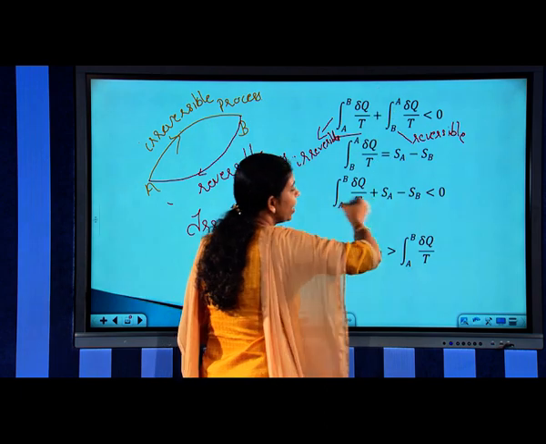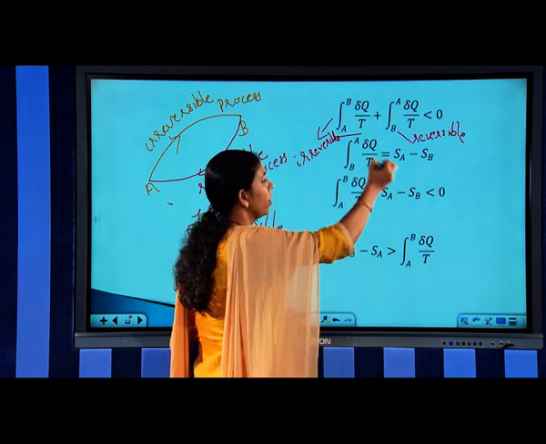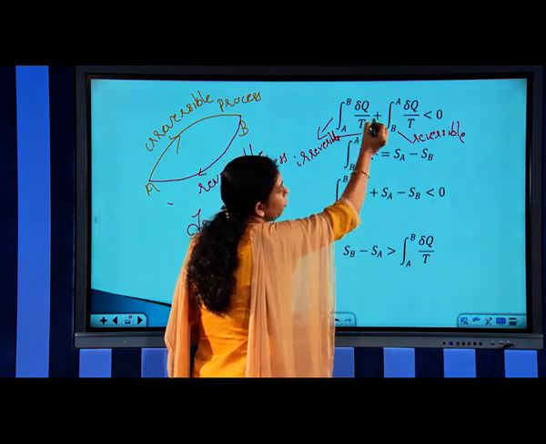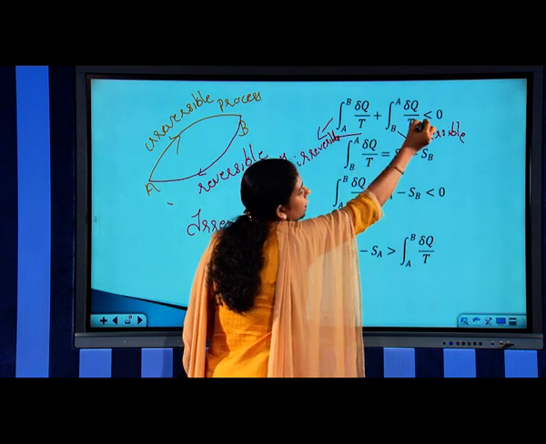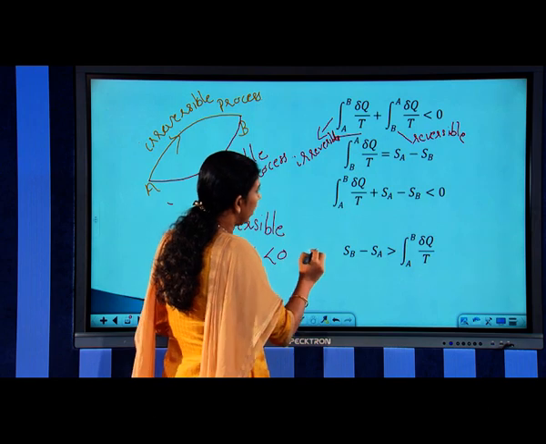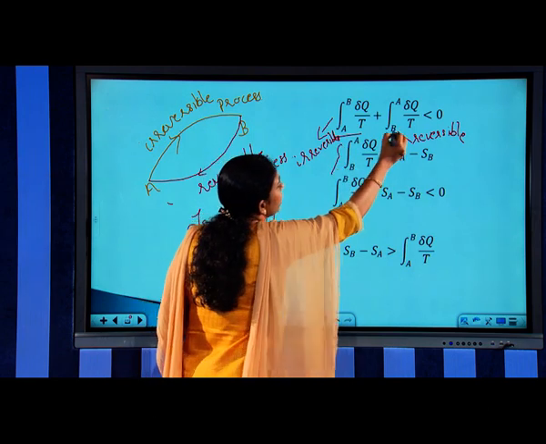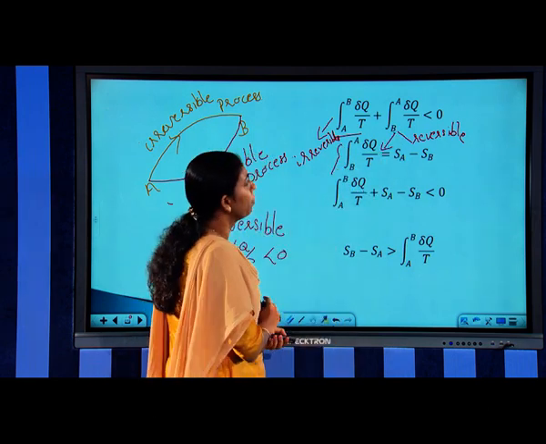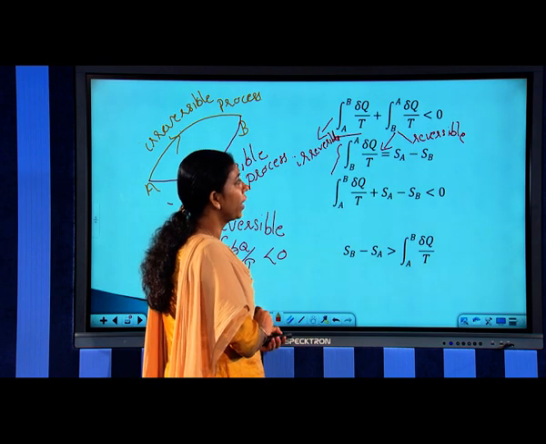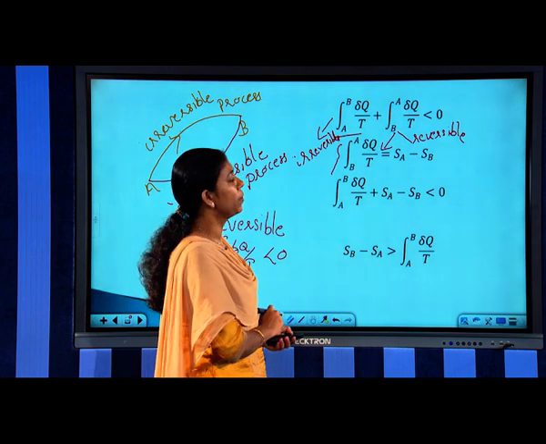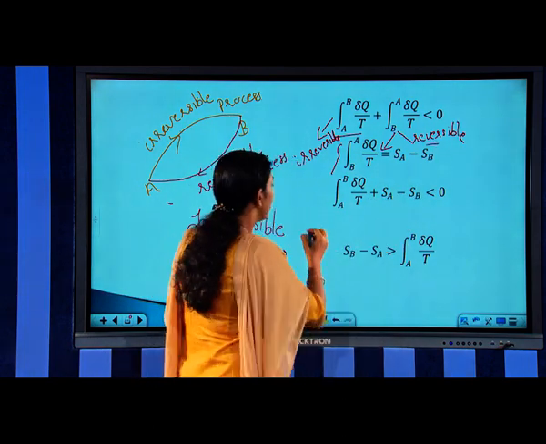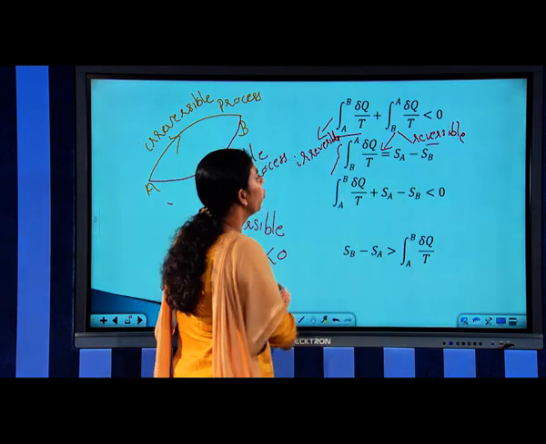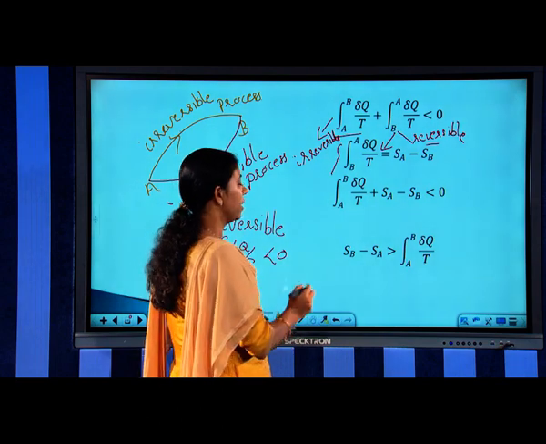The whole cycle is irreversible, so the sum of these two terms will be less than 0. The integral from B to A of delta Q by T represents a reversible process. We already have the result: the integral from B to A of delta Q by T is equal to SA minus SB.